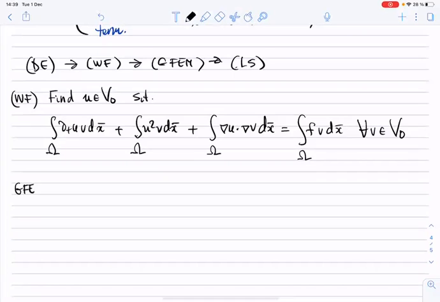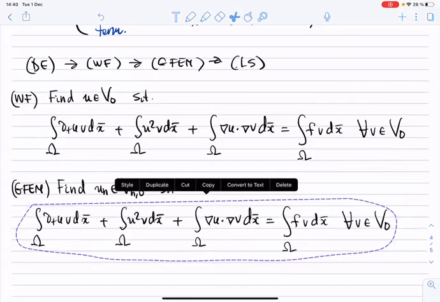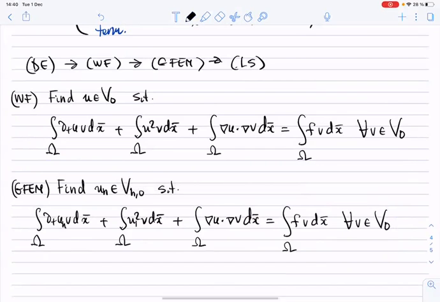So it's called the Galerkin finite element formulation, which reads: find UH from VH0 such that this formulation holds for UH instead. Yeah, the weak formulations are the same, but this one is the finite dimensional case of the usual weak formulation.